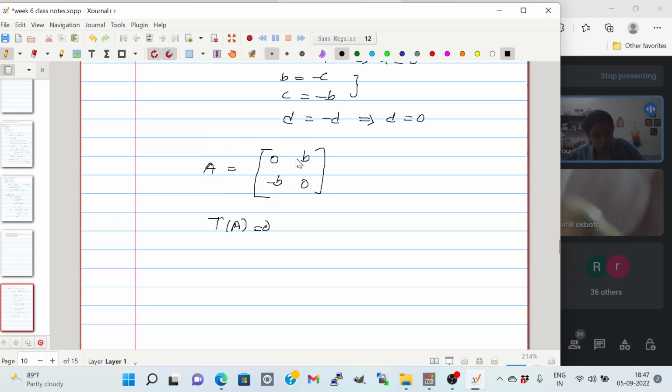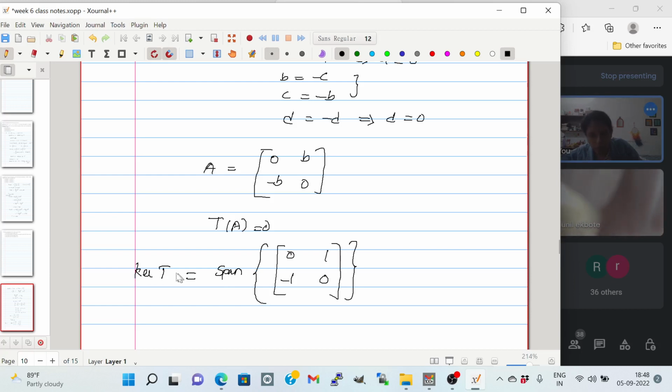This is the only form. It is generated by only one matrix. I am just taking 1 and minus 1 here, and taking the span of this matrix. This is our kernel of T.